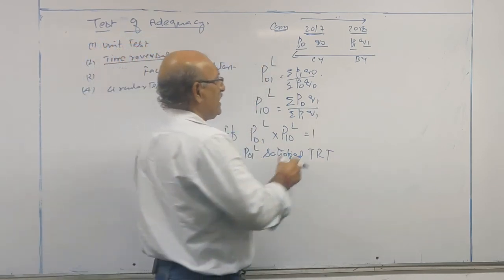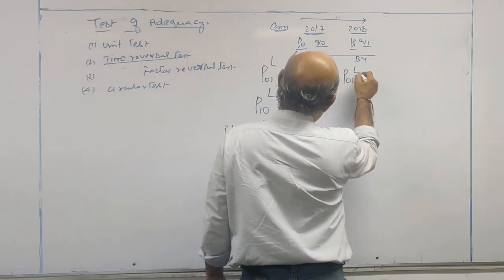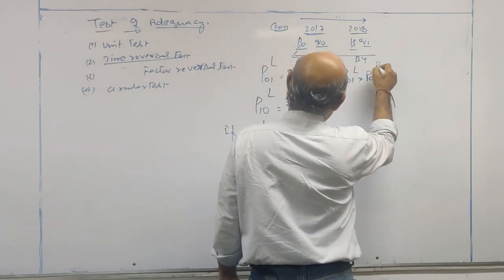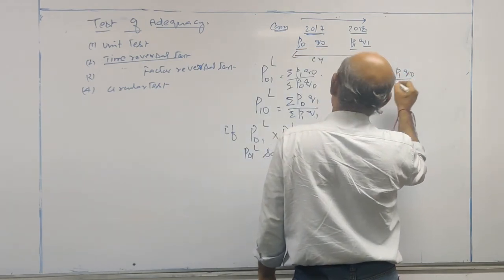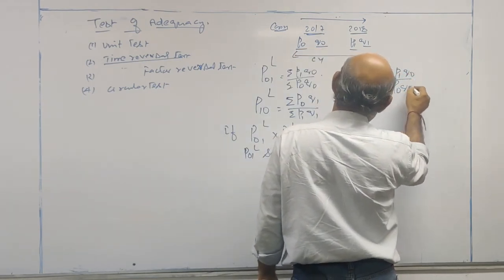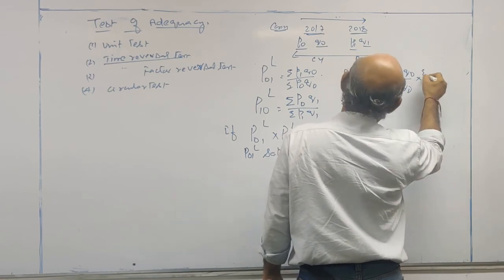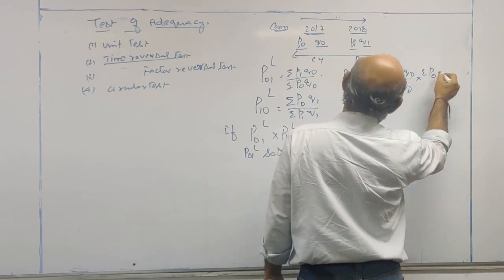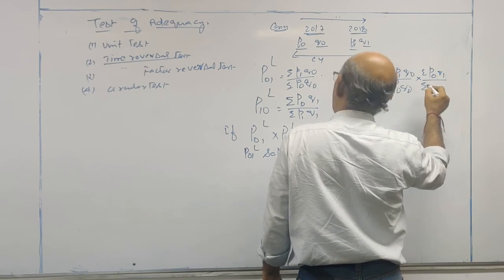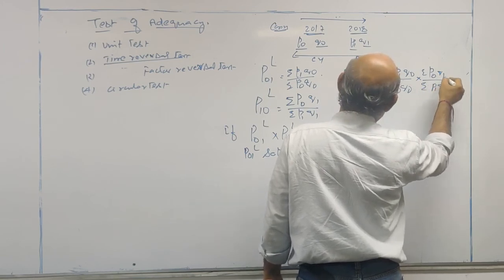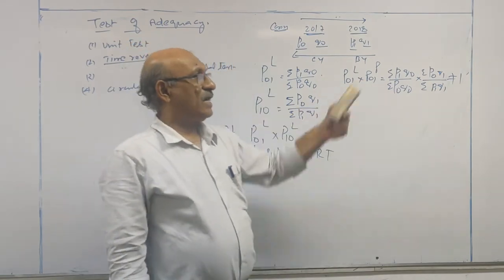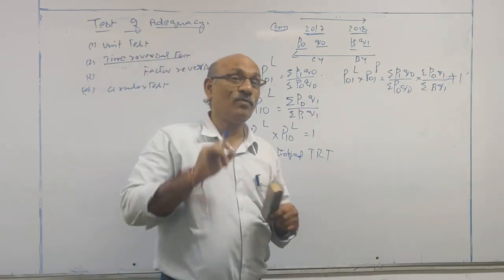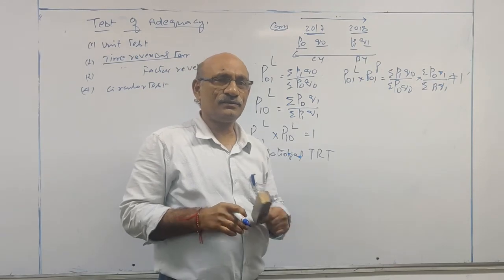Now let us multiply here, sir. P01 of L into P10 of L: summation of P1 Q0 divided by summation of P0 Q0, into summation of P0 Q1 divided by summation of P1 Q1. This is not equal to 1. You cannot cancel. Even though they are numerical numbers, the difference is there.